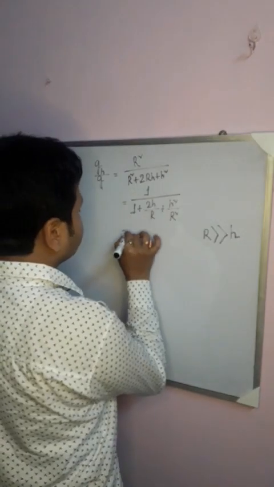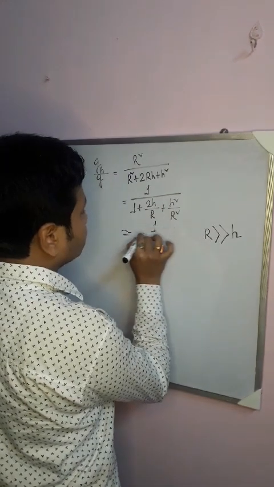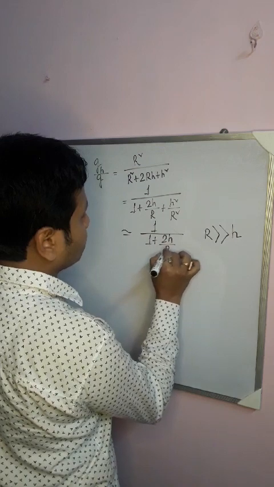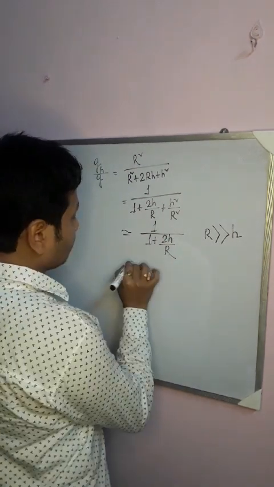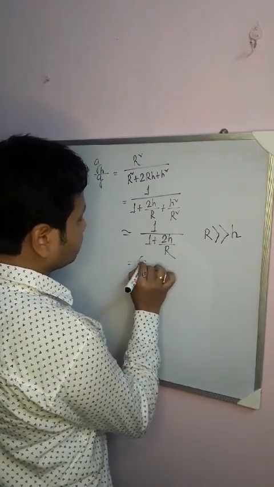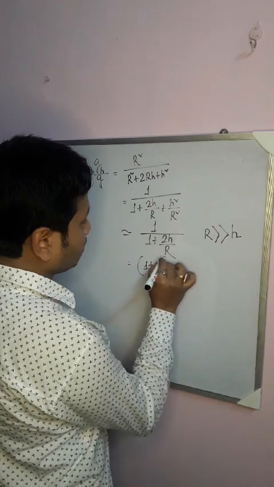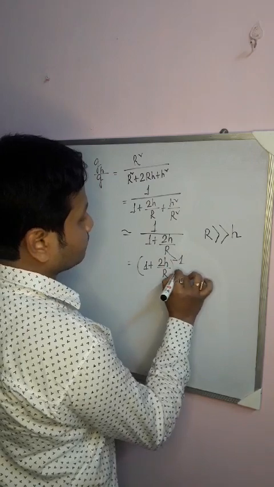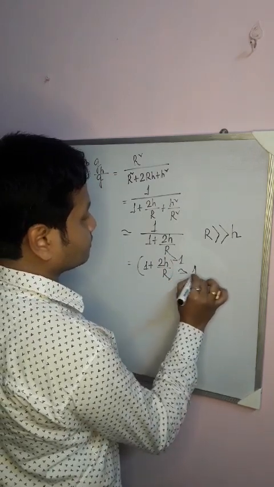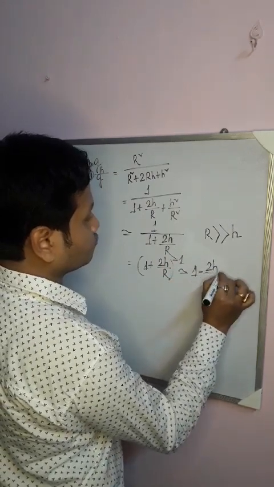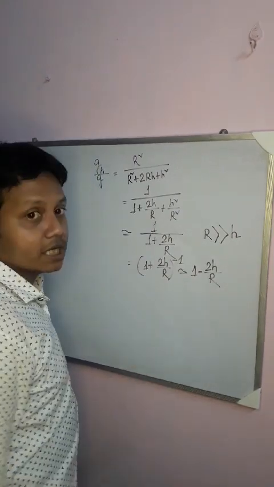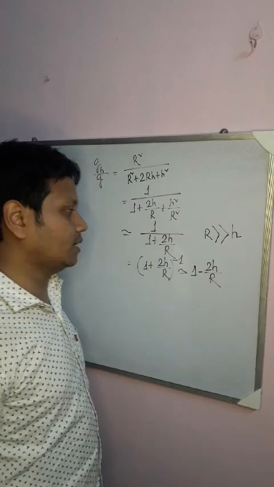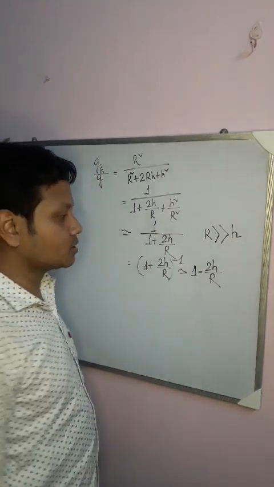So under these circumstances this expression becomes 1 by (1 plus 2h by R). So this we can simply write as (1 plus 2h by R) to the power minus 1, and by using binomial expansion we can write it as 1 minus 2h by R, and there we ignore the higher order terms, that is x square, x cube. These terms are neglected, so we only take the first order term.